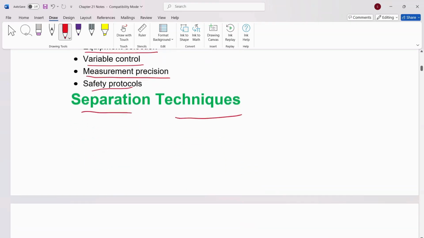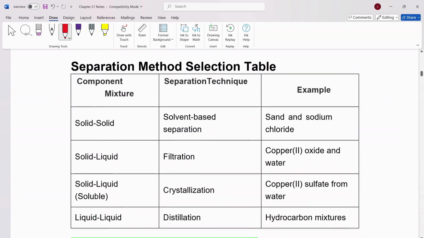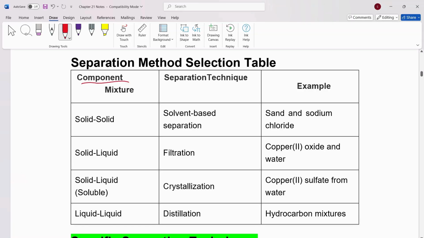Separation techniques. So here we have some separation methods, their techniques and examples. For a solid mixture, the separation technique will be solvent-based separation. Example: sand and sodium chloride. Second is a solid and liquid mixture.